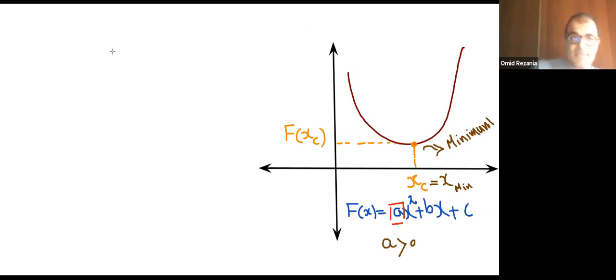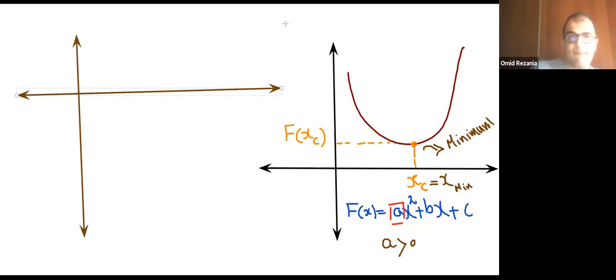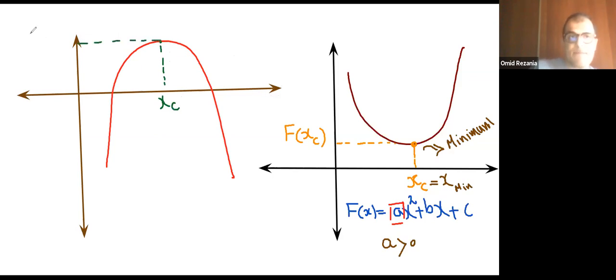If we have, for example, this plot, and we show the plot like that, we saw yesterday that also in this case, they have a critical point, which we call f of xc.